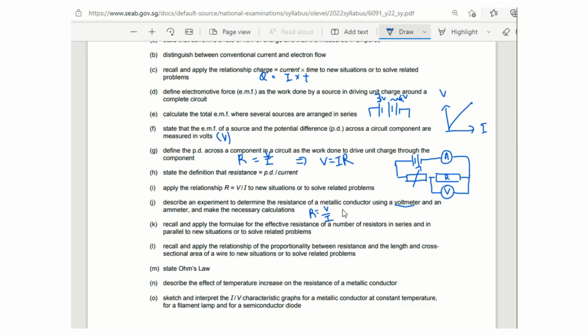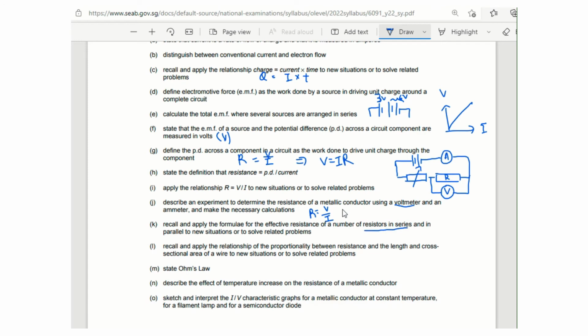Now that we are done with J, let's take a look at K. In K, you're asked to recall and apply the formula for effective resistance of a number of resistors in series and in parallel. If you have resistors in series, you simply add up the resistance to find the effective resistance.